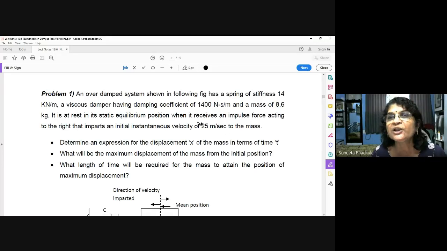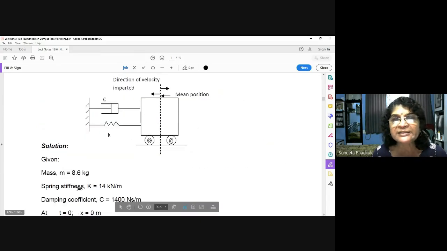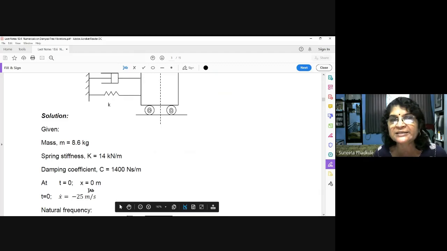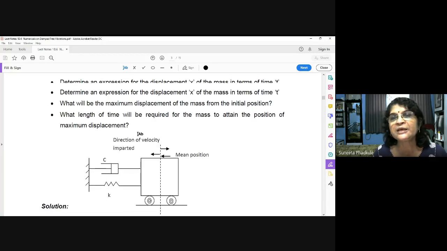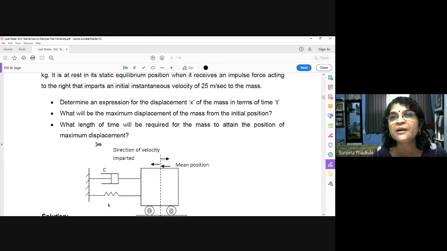At t equal to 0, x is equal to 0, because the mass is still in the equilibrium position, and at t equal to 0, x dot is equal to minus 25 meter per second. Even if you take plus or minus, it doesn't make any difference, because we have considered the right hand side positive and the body is assumed to be moving towards the left. Sign is not important here, but the condition is important.